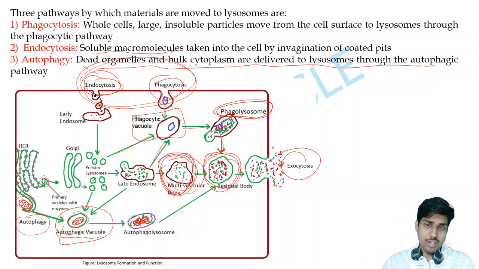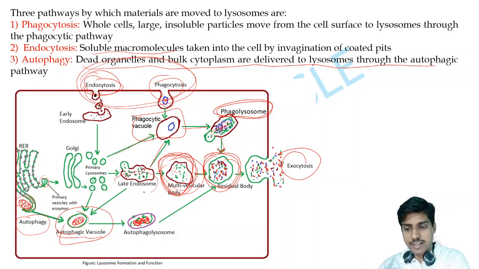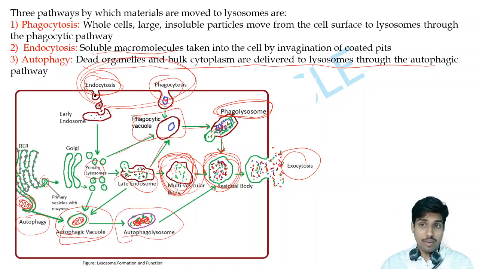Now, once the autophagic vacuole forms, it combines with this late endosome, primary lysosomes, and it finally forms what? Autophagolysosome. Because the autophagolysosome has all the lysosomal enzymes, the enzymes present in the late endosome and all that.